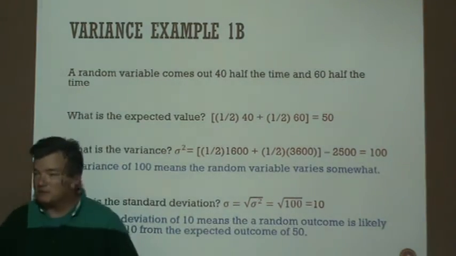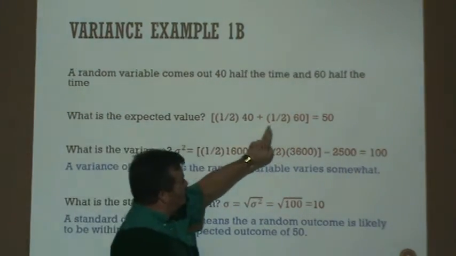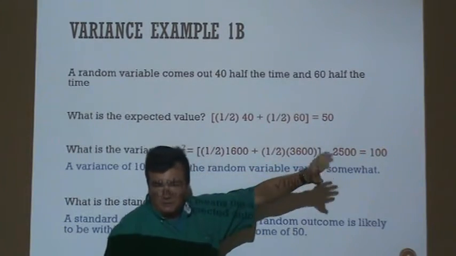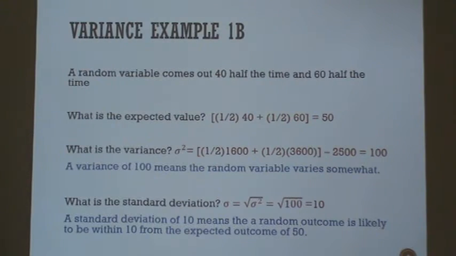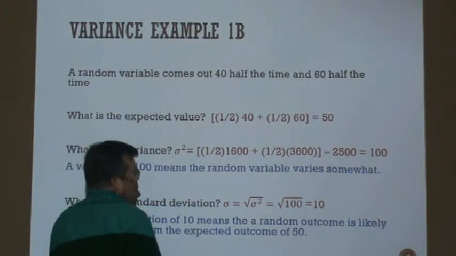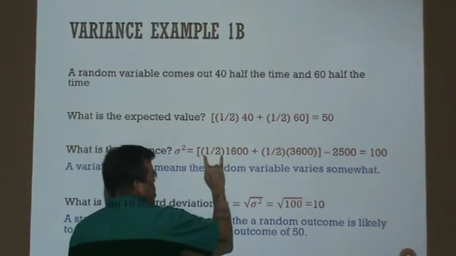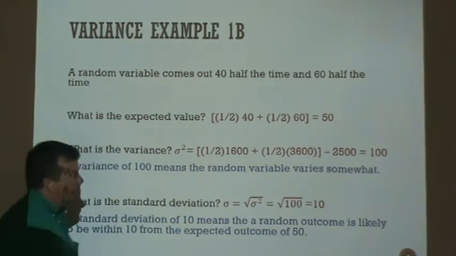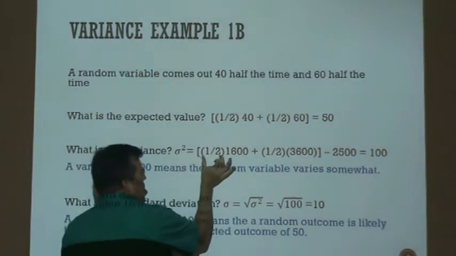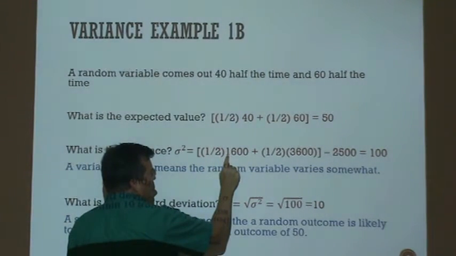So again, what would be the expected value? It would be a half times 40 plus a half times 60, which is 50. We have an expected value of 50. Actually, it'll never come out 50, but the expected value is 50. So the variance would be the expected value of the square.